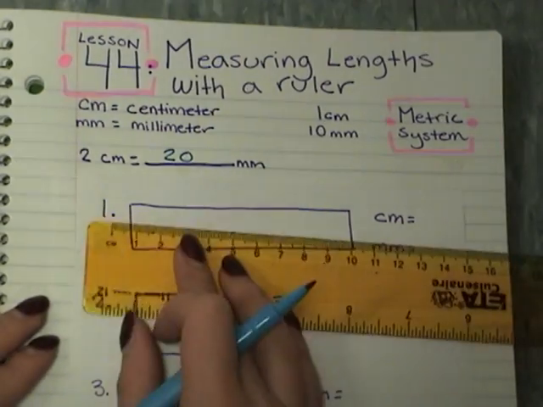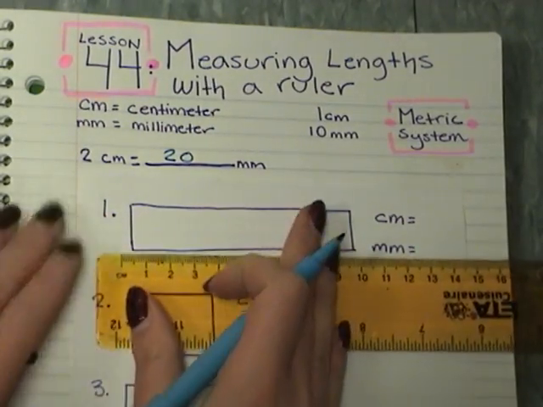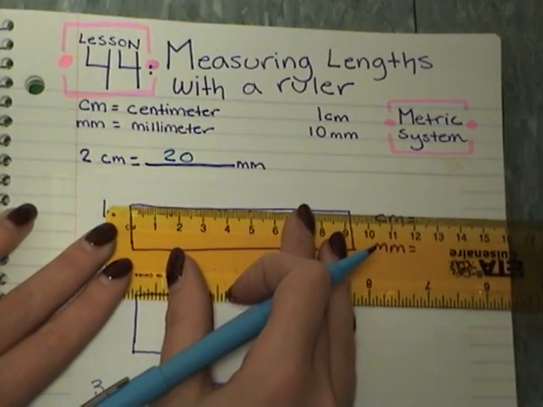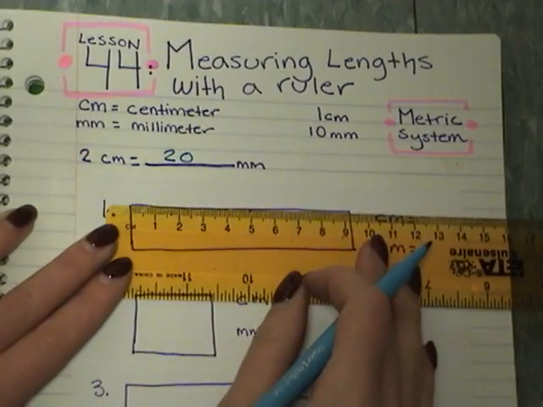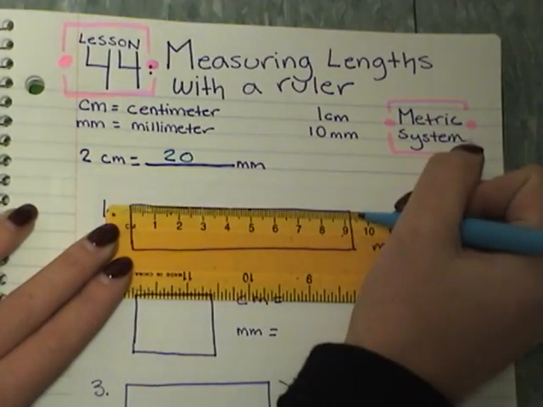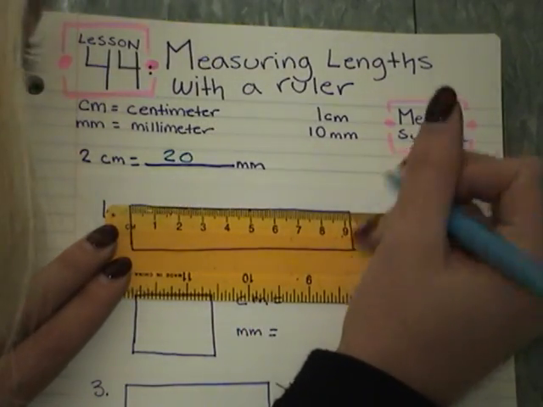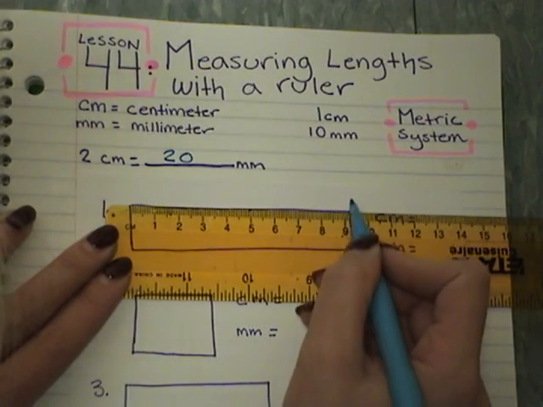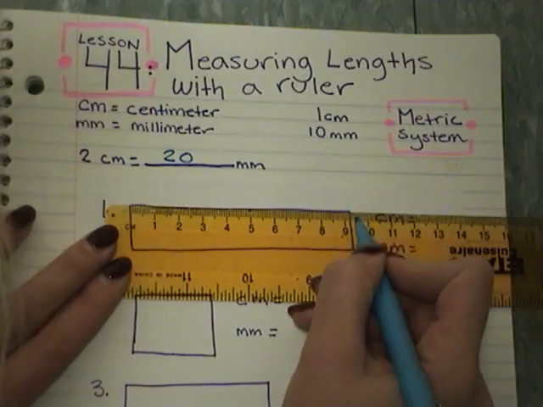So I'm going to take my ruler, and I'm going to line it up right here, okay, with that very first starting point, and I'm going to go all the way over. When I go all the way over, 9 is my first whole number, and then I'm going to count how many small dashes. 1, 2.